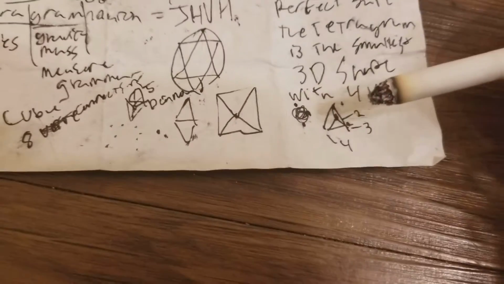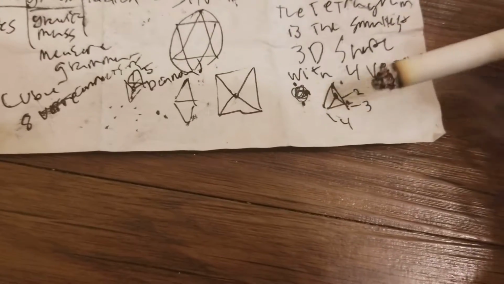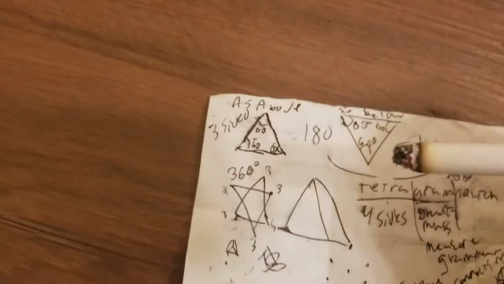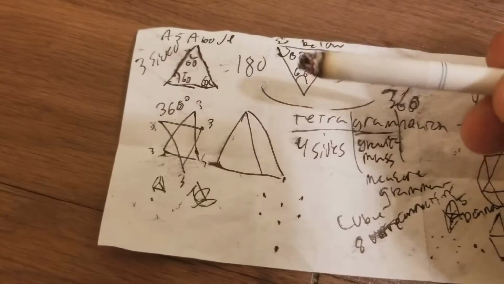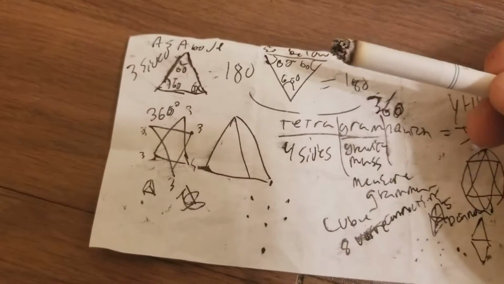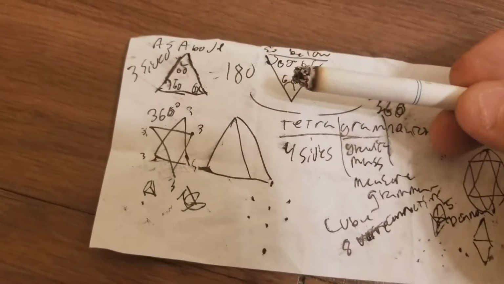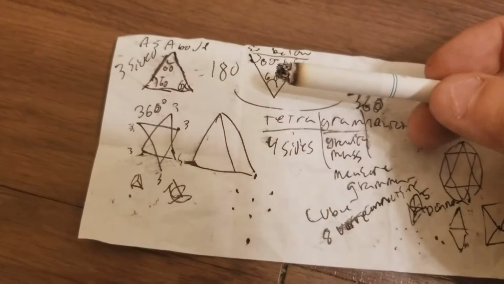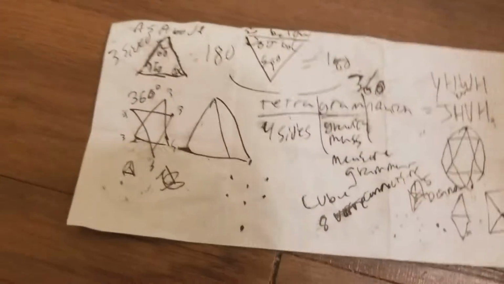So 1, 2, 3, 4. Alright, so this is 1, 2, 3, and then the top is the 4. And this is the base of it.